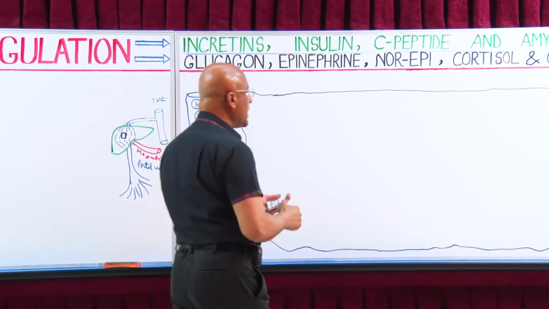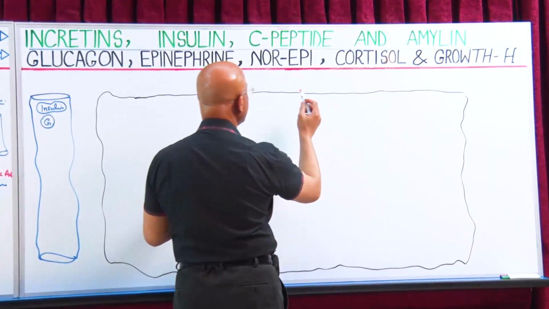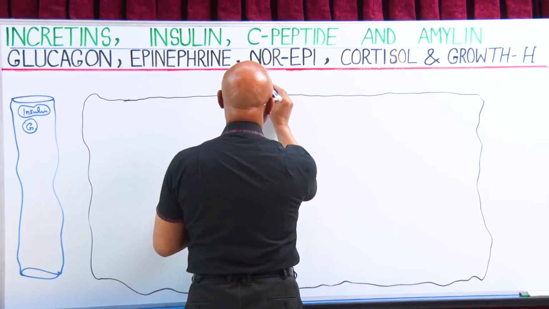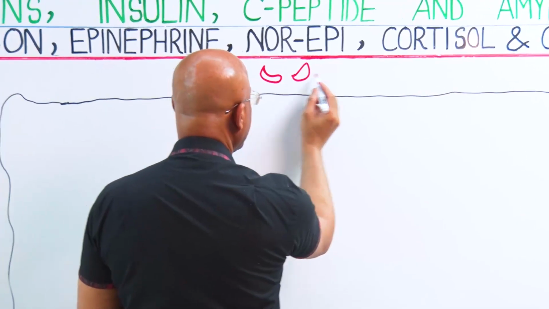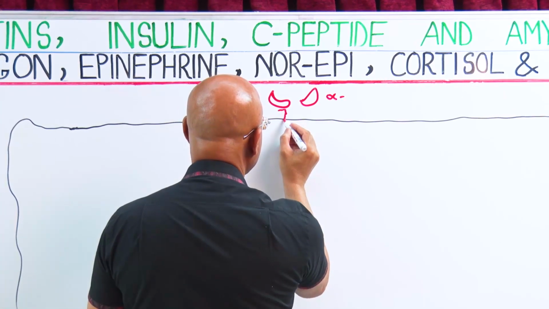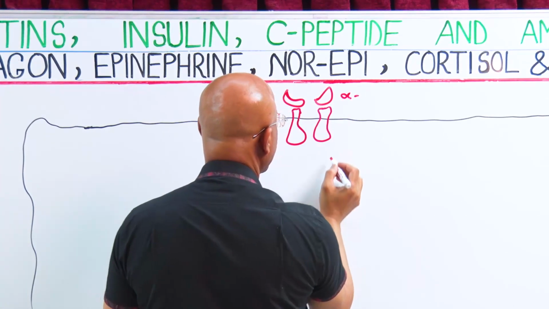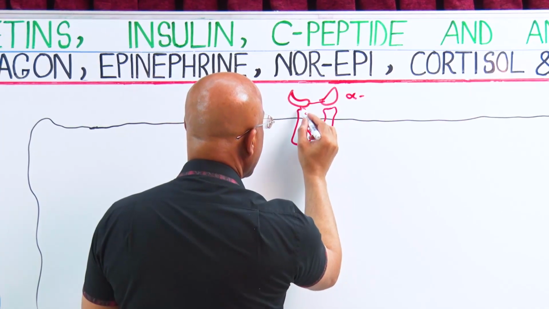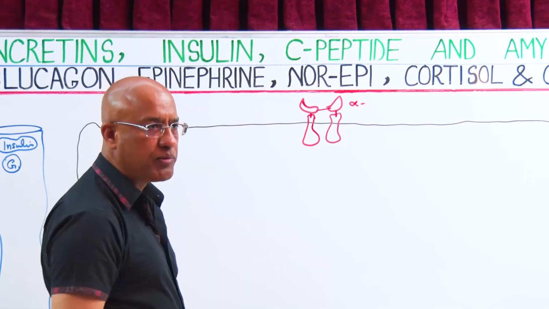Now let me draw the insulin receptor first, and how the insulin system works. The insulin receptor basically consists of two alpha units, and attached with them are two beta units. Alpha units and beta units are all held together by disulfide bonds.